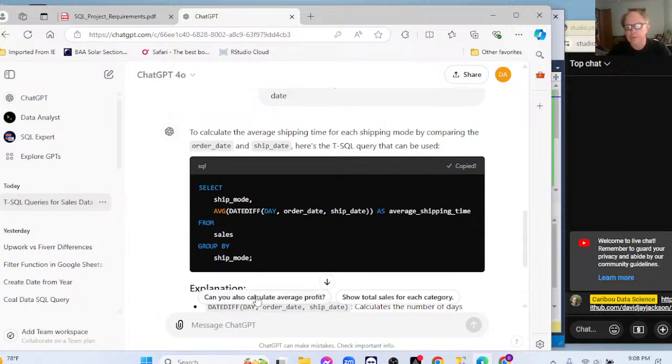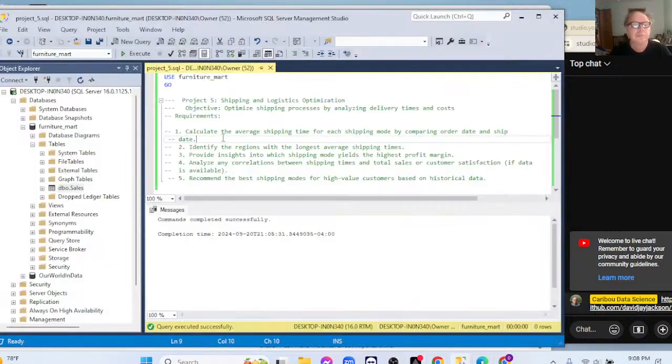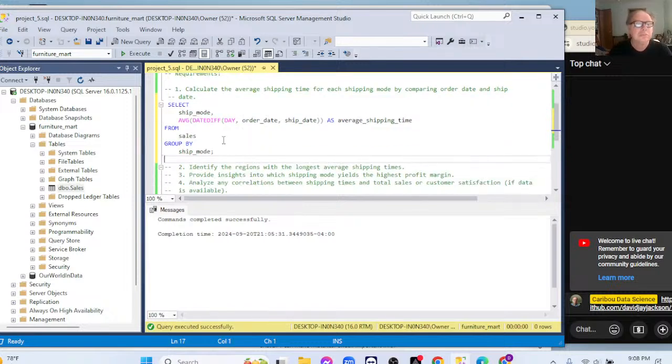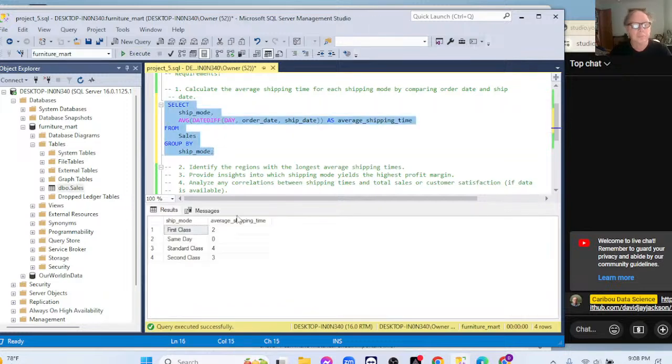Well, that was fairly straightforward. So the same day is obviously 0 because it's shipped the same day. Second class is the slowest. Average ship time 2 days, 0 days, 4 days, and 3 days. Okay, very good. What's next?